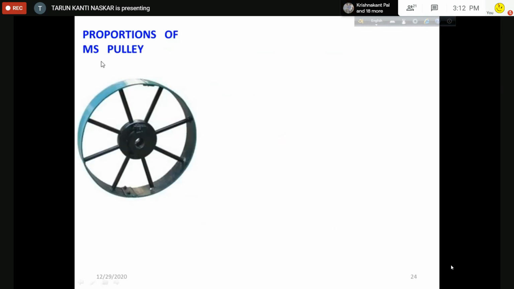Now proportions of mild steel pulley. So these are not cast, and this is split. Split means, you see, this is one half, this is another half, and it is joined here by riveted joint.